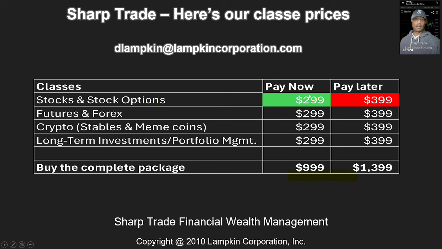It's like signing up for a university, but enrollment is not that high. If you go with the whole package, you save about $200. If you buy it individually, it's $1,200. If you buy it all together in one package, it's $1,000. So you save about $200, but you have to do that today.